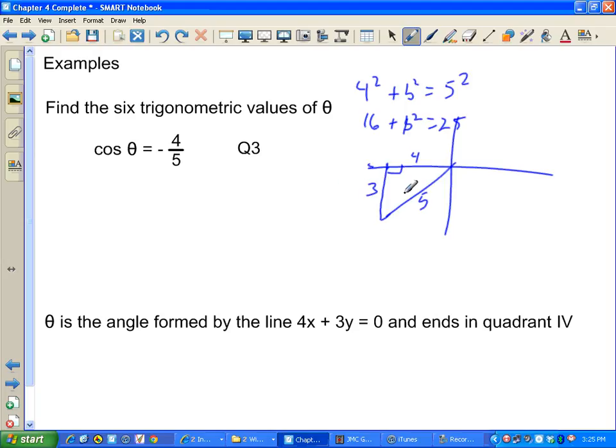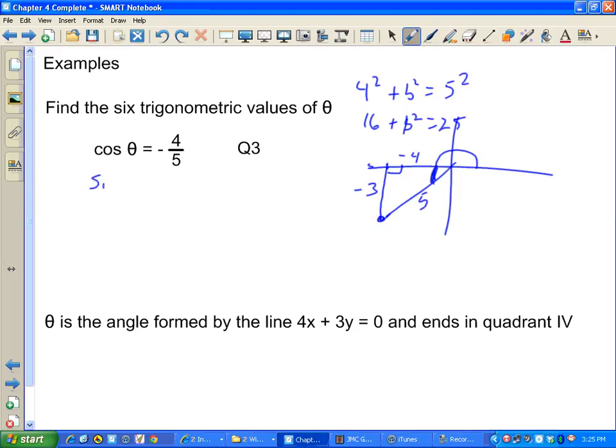And now I've got all 3 parts of my triangle. So since I'm over here, I can kind of treat this as theta, and just make sure that you assign the correct values. So since I'm in the third quadrant, both of these need to be negative, since I have a negative x and a negative y to get to this point.